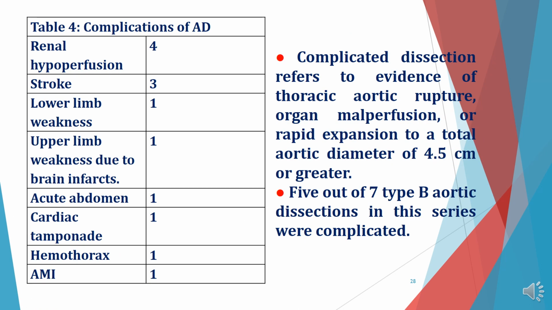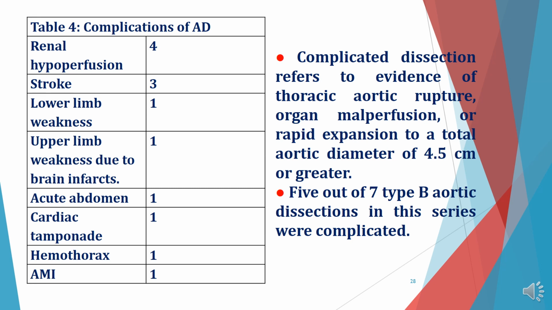In regard to the complications, 4 patients had renal hypoperfusion and 3 patients had stroke, while other complications such as lower limb weakness, upper limb weakness due to brain infarct, acute abdomen, cardiac tamponade, hemothorax, and acute myocardial infarction were reported in a single patient each.